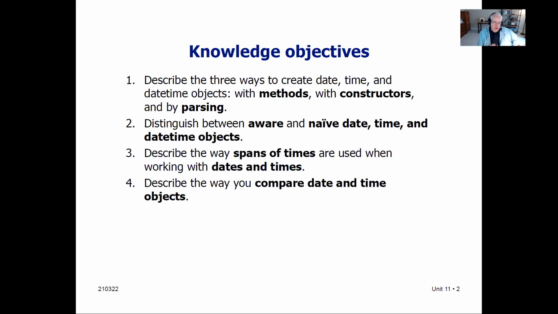And towards the end of this unit, we're going to get into spans of time, and that is where programming gets really interesting when you're dealing with months, days, weeks, hours, seconds, milliseconds, microseconds. Spans of time become challenging. Okay, so we're going to learn how to do that. We have a whole class of tools for that, and we'll get into the timedelta class later on in the unit.